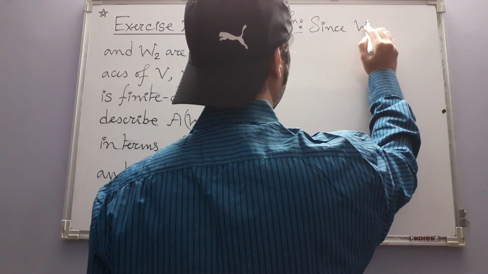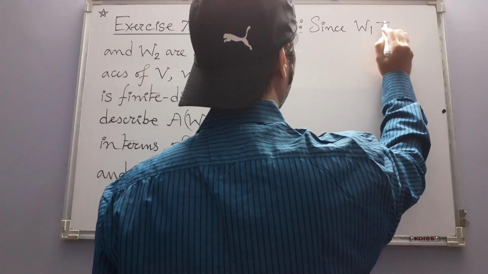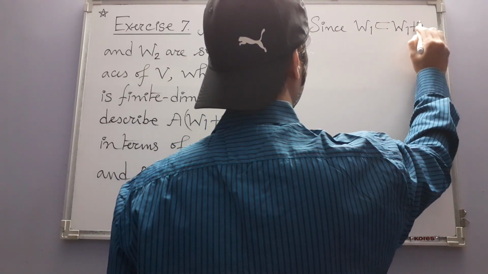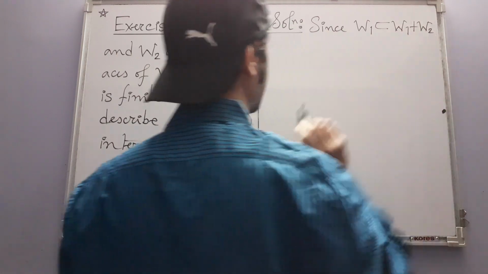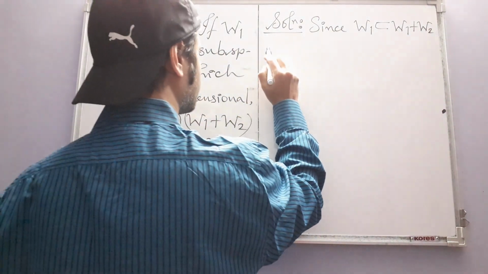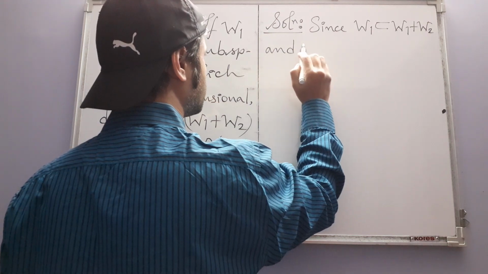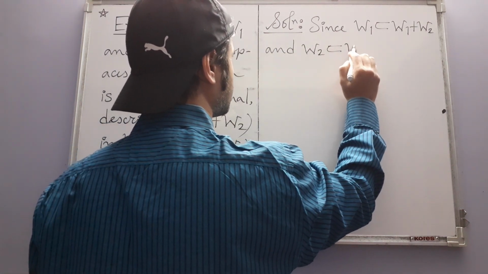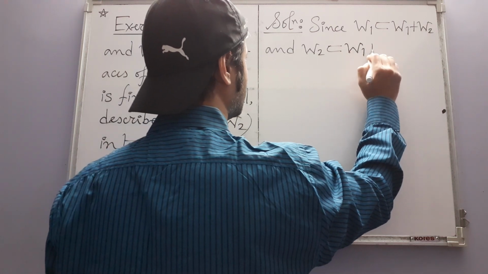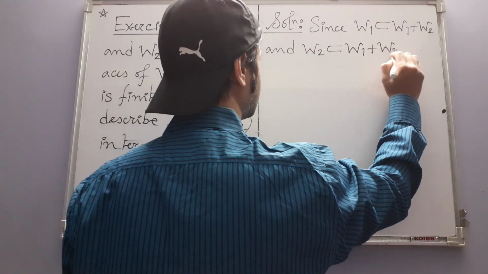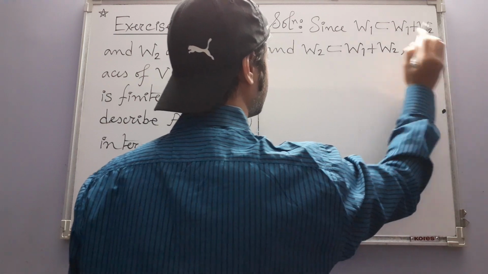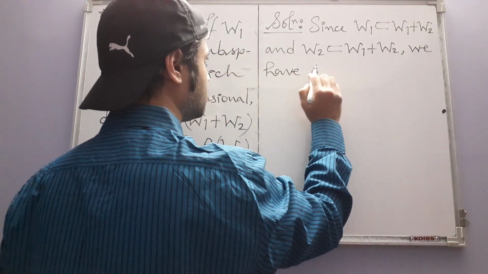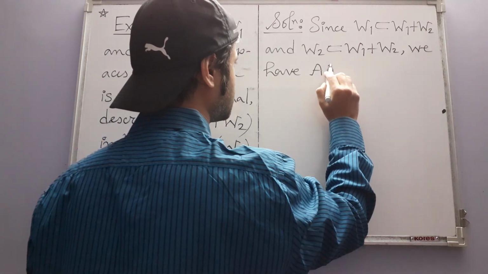Since W1 is a subspace of W1 plus W2 and W2 is also a subspace of W1 plus W2, we have these two containments.